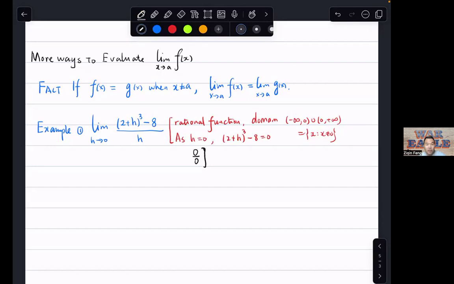That doesn't mean we are dividing 0 by 0. It means that as your independent variable goes to the point, both numerator and denominator go to 0. So this is undetermined.